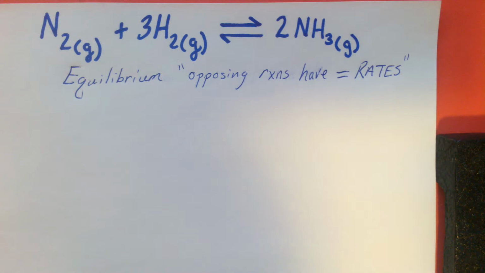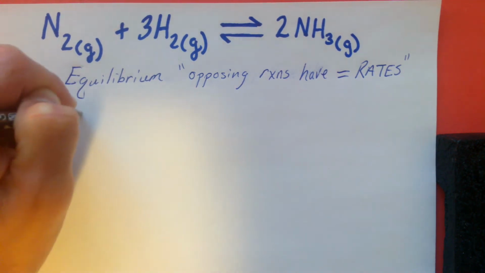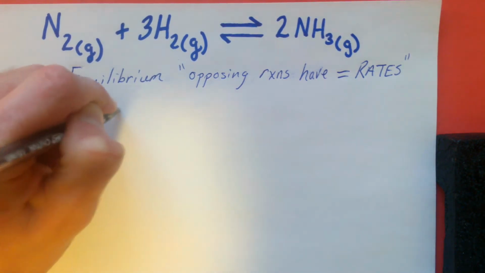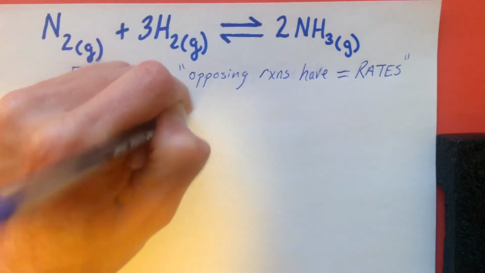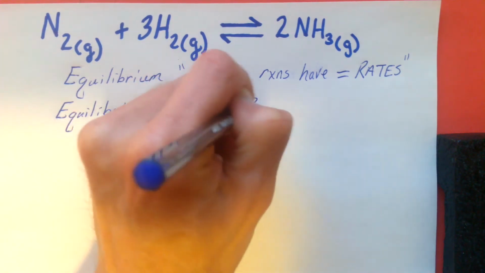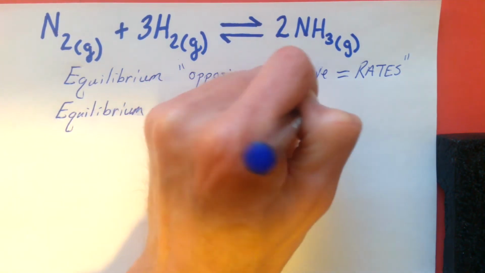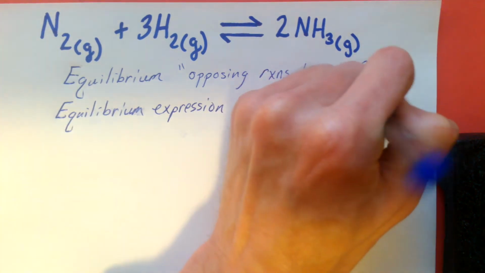Now, when we look at these substances with chemical equilibrium, often what we want to do is write what's called the equilibrium expression. An equilibrium expression is just a ratio of the substances involved.